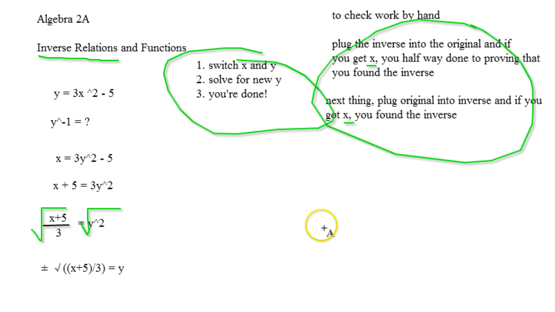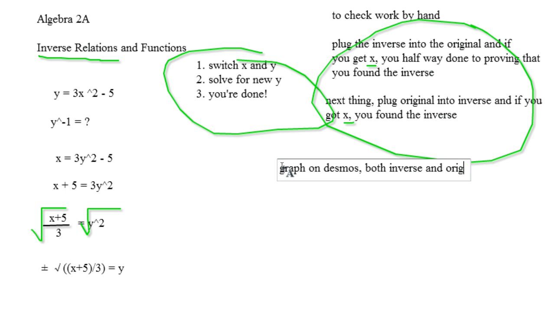Otherwise, graph on Desmos both the inverse and original function along with y equals x and see if you have symmetry.